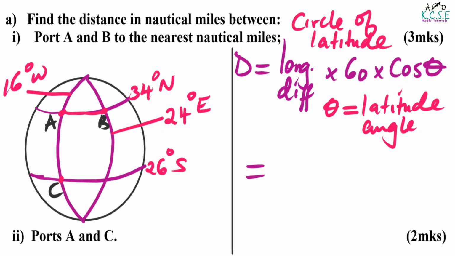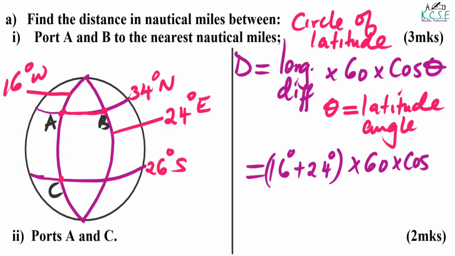So the distance is given by the longitude difference. You can see for A, 16 degrees west, and for B, 24 degrees east. So the longitude difference will be 16 degrees plus 24 degrees, multiplied by 60 times cosine of the latitude along which both of them lie, which is 34.